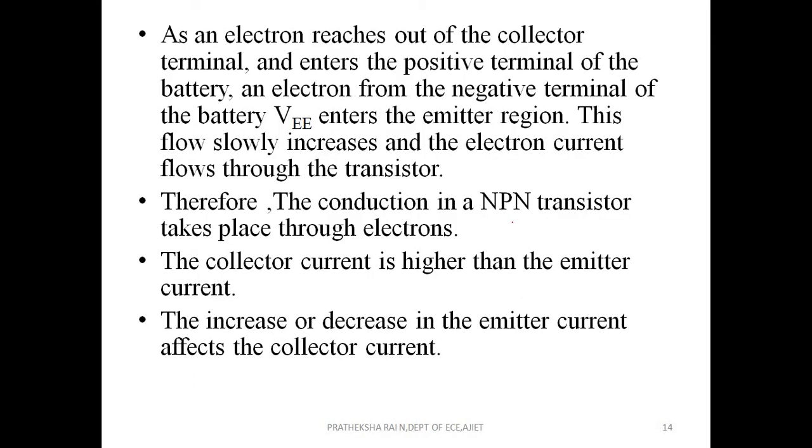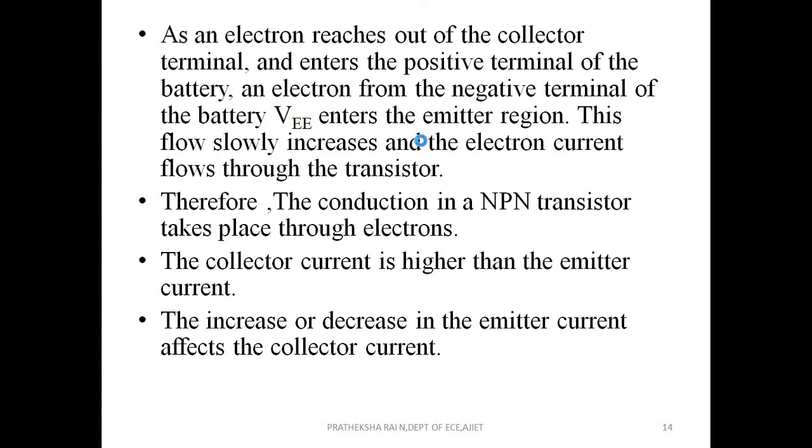As the electron reaches out of the collector terminal and enters the positive terminal of the battery, an electron from the negative terminal of the battery enters the emitter region. This flow slowly increases and the electron current flows through the transistor. Therefore, the conduction in an NPN transistor takes place through electrons. The collector current is higher than the emitter current. The increase or decrease in the emitter current affects the collector current.